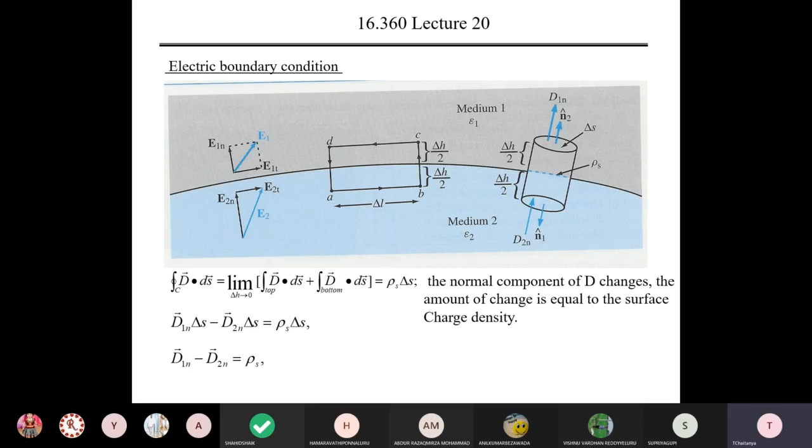Here we have to analyze a boundary condition. I will consider the electric field boundary condition. Suppose there is an electric field intensity going from medium 1 into medium 2.